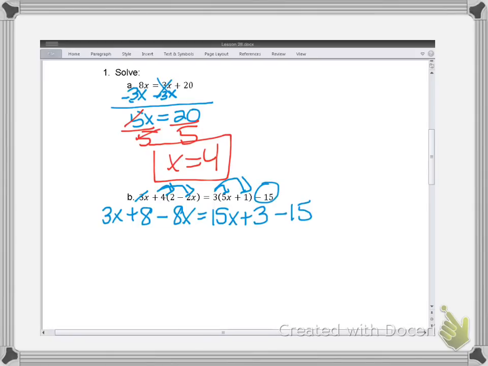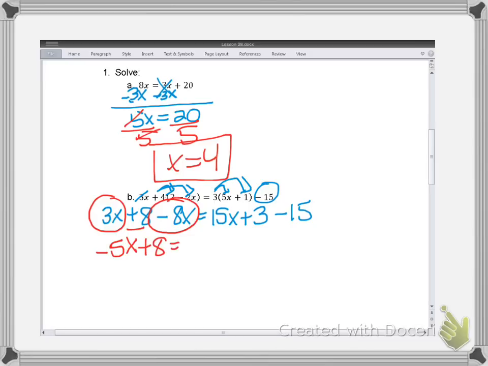The next step, if you look at the first page of your notes here, is to combine like terms on the same side of the equation. So we have a 3x here, and we have a minus 8x. Those are on the same side, so we can do 3x plus negative 8x, which equals negative 5x, and then we still have this plus 8.